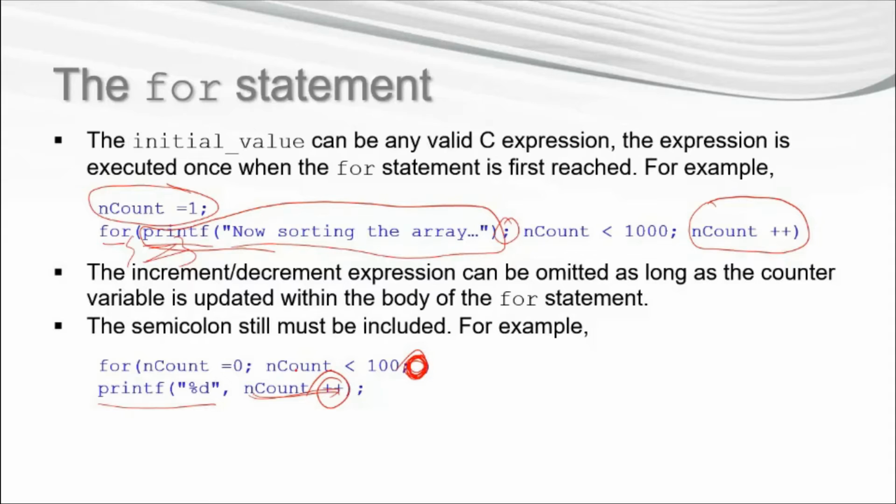So up to 99, the values are displayed using this printf statement. Since the increment of the n count is done inside this particular statement, that is n count plus plus, you don't have to insert it again right here. You can insert it only once.